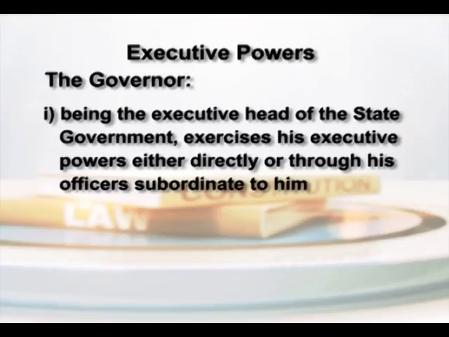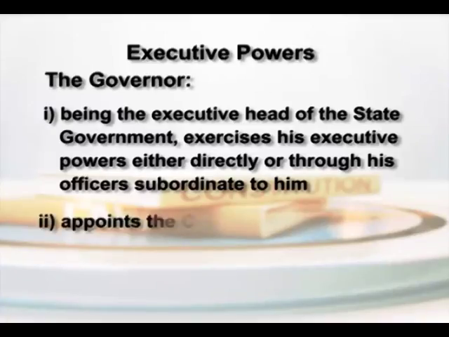All executive authority of the state is vested in him, and he can exercise his functions either directly or through his officers subordinate to him. All executive actions of the state are carried on in his name. He makes rules for transaction of business of the government and for the allocation of duties of his ministers.